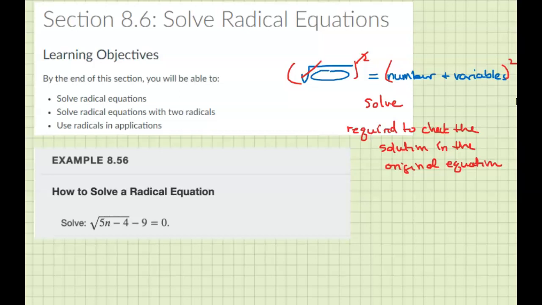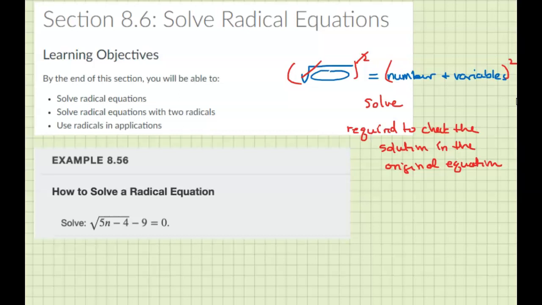If you square both sides and you solve and you get an answer, you need to make sure that it's actually true. So you have to go back to your original equation or one of the first steps of the solution where there's still a radical in there, and then plug it in to see if it works. If it does, great. If it doesn't, then that solution is actually not a solution.